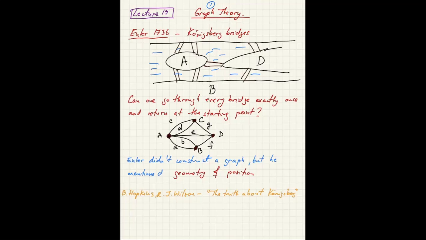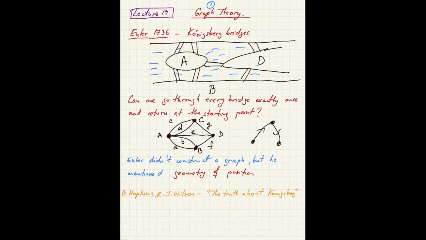whenever you traverse a bridge, let's say you go on a bridge to a piece of land, then you have to come out from that piece of land, but you cannot use the bridge that you used in the previous step. So you have to come out on a different bridge.